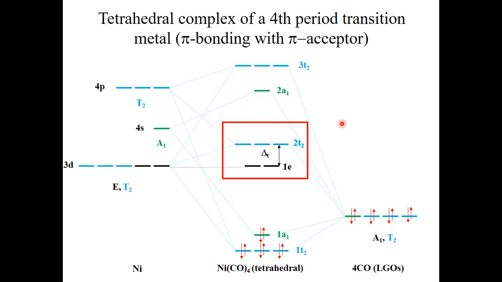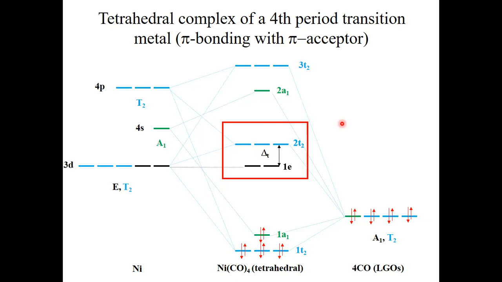So for the pi acceptor case, the interactions of the antibonding ligand group orbitals with the metal orbitals would be far stronger than the interaction of the bonding ligand group orbitals with the metal, and therefore the latter could be neglected, and we would need to consider only the interactions of the antibonding orbitals.